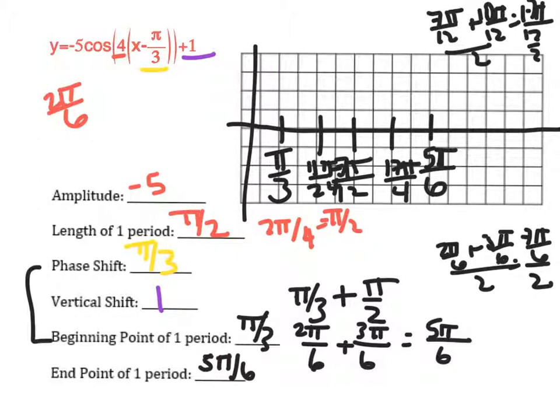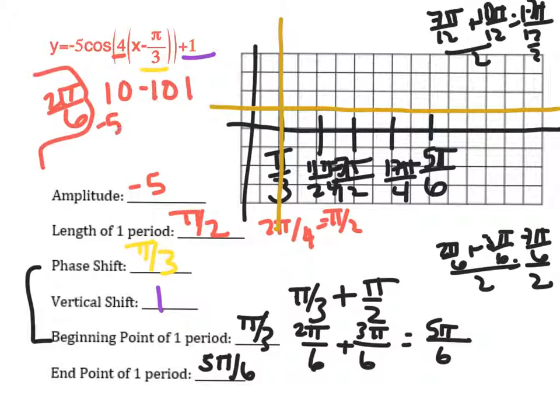So I'm going to mark my two shifts. Again, I'm going to mark my pi over 3, and I'm going up 1. That's a pretty ugly color, but my cosine is -5. Or my amplitude is -5. So if it's cosine, it was 1, 0, -1, 0, 1. Now it's -5, 0, 5, 0, -5 from my translated axes.